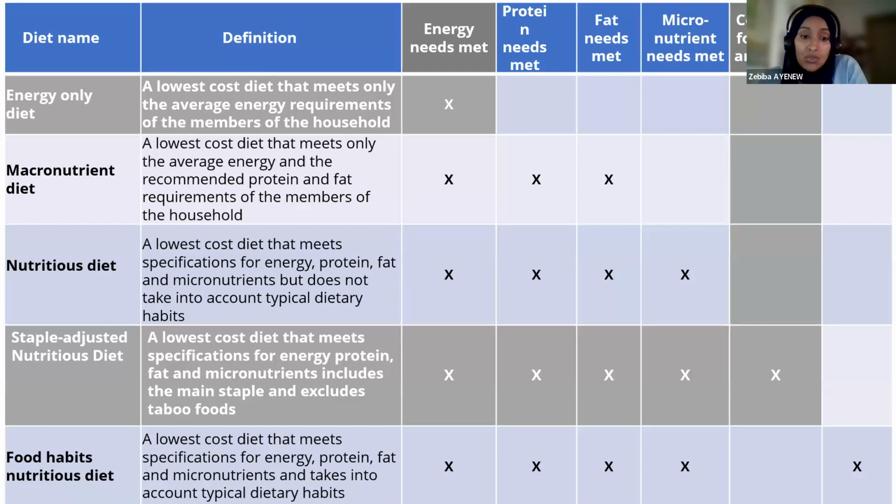Then lastly is the food habits nutritious diet explained by our colleagues from Save the Children. It fulfills the 3 major macronutrients as well as the 13 micronutrients, and it reflects a typical diet that includes the preferences of the local population. Next slide, please.